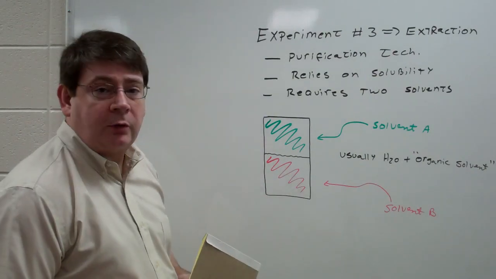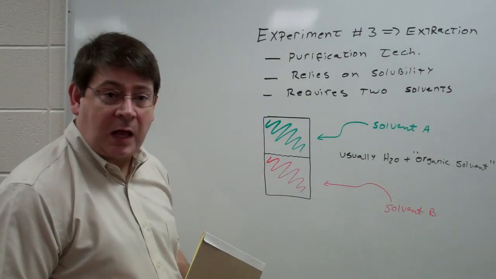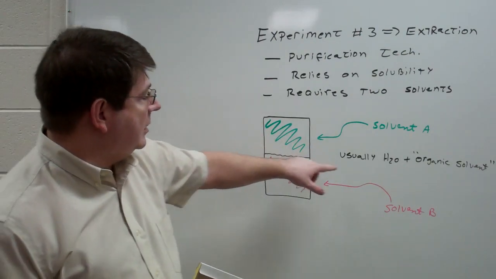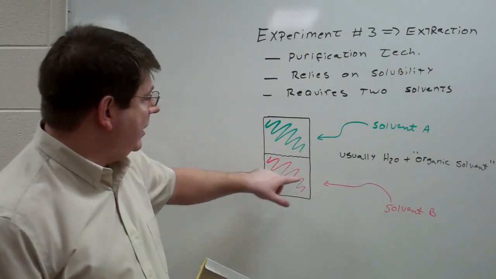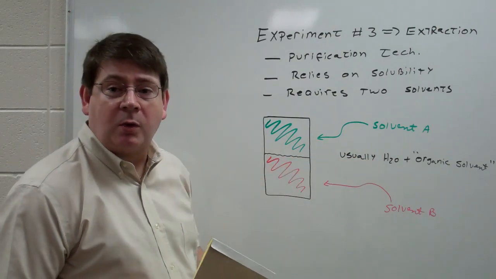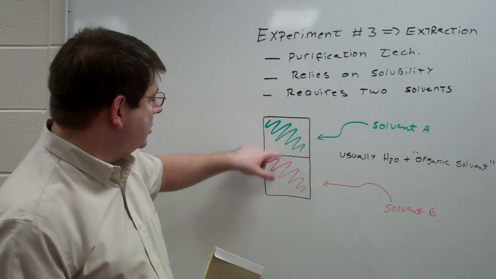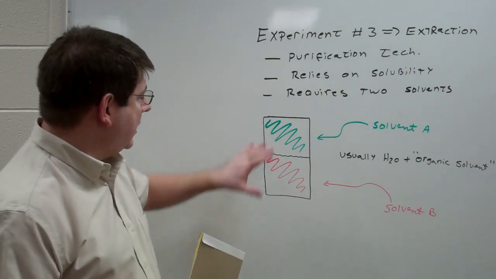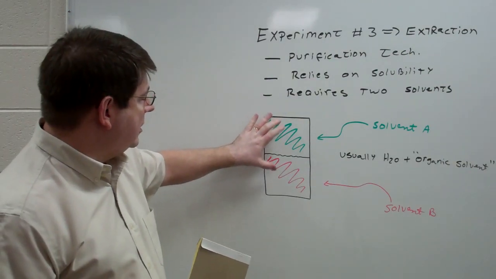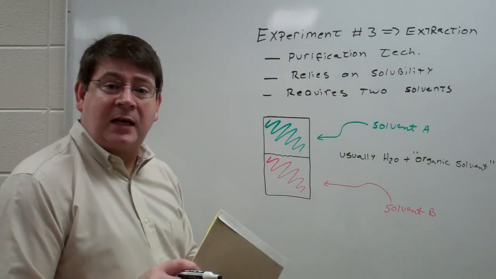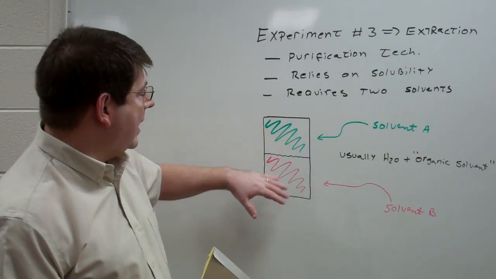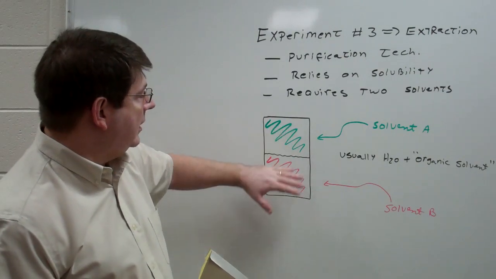Remember your rules from general chemistry and that like dissolves like. And in this particular case, let's say that solvent A is water and solvent B is an organic solvent that is immiscible with water. Okay, so we've got our situation set up here like this. We can have the two solvents that are immiscible, but we can shake these together and make them mix temporarily at least in the separatory funnel and allow things to partition from one solvent into another.